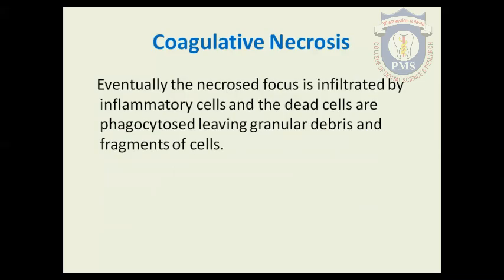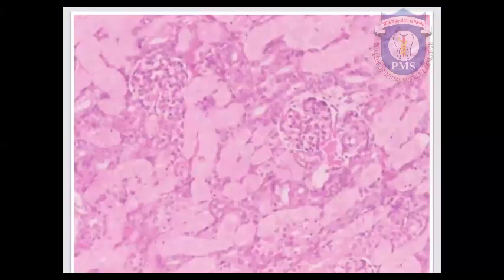Eventually, the necrosed focus is infiltrated by inflammatory cells, and dead cells are phagocytosed, leaving granular debris and fragments of cells. You can see the diagram of coagulative necrosis.